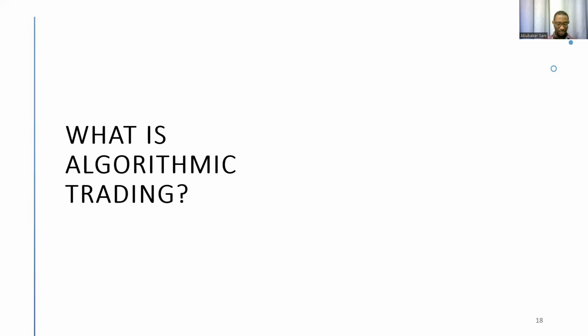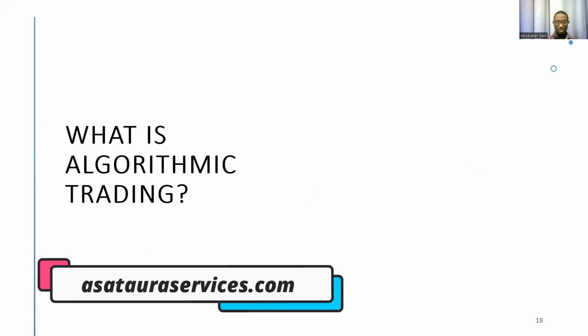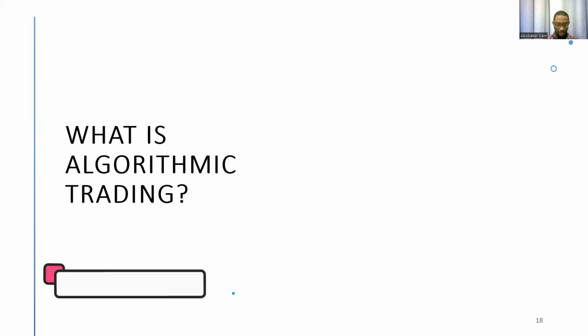We have algorithmic trading. So now that you have seen all these three components, you can have this happening manually, or you can automate everything so that everything now will be handled by the system, by the computer. You do not have to be the one doing things manually.